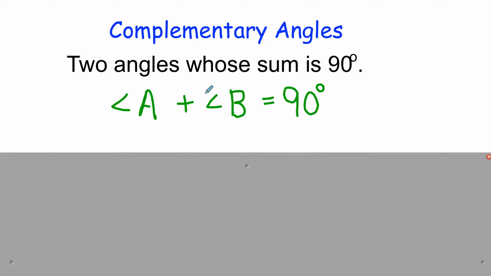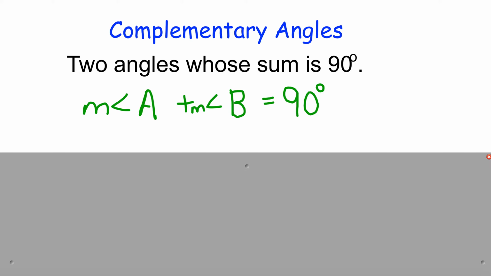Actually, remember, when we're talking about the measure of an angle, we need to add this little m. That implies I'm talking about the actual value of the angle. If I talk about angle A and angle B, I'm more talking about their shape, their structure, how it looks, less about the actual value behind the angle.